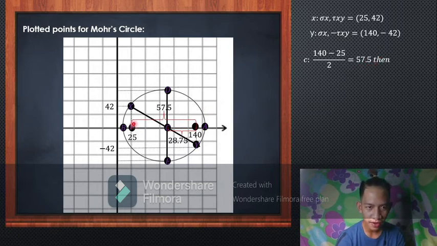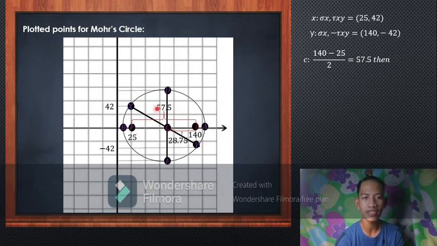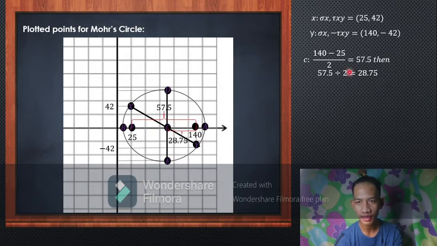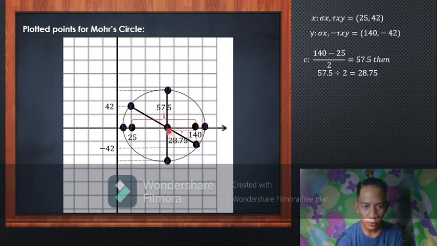This is the value from F1 to F2, which is 57.5. Then, to find the center, we divide 57.5 by 2, which is equal to 28.75. This is 28.75 from this point, and also from F to C is 28.75.